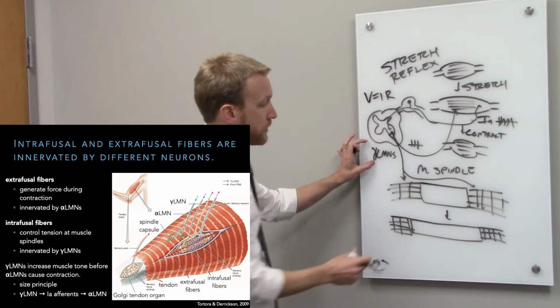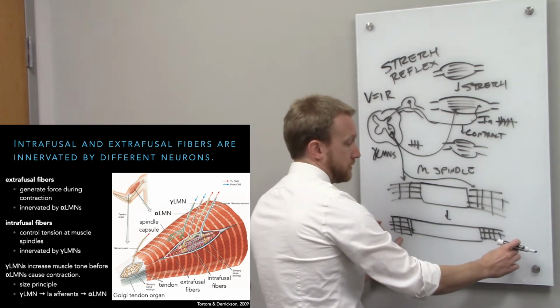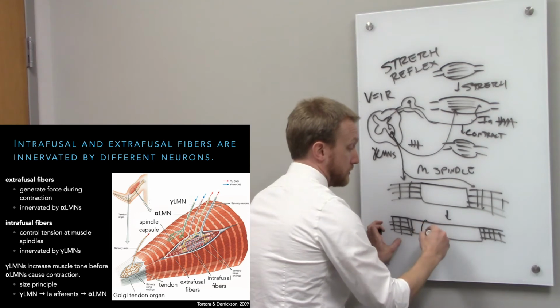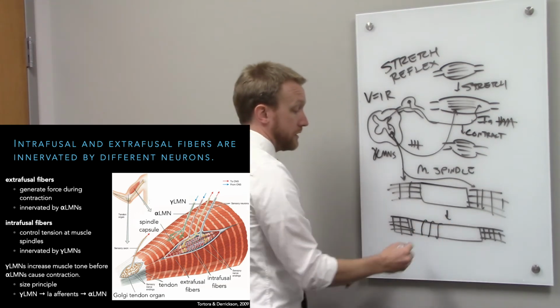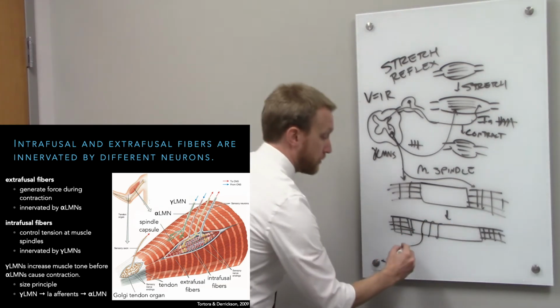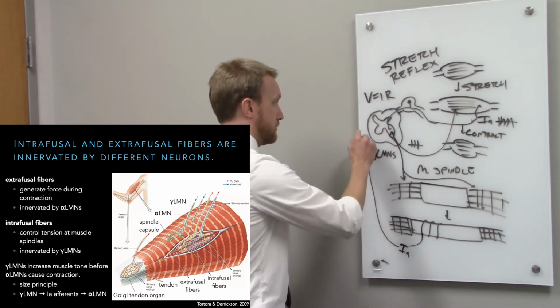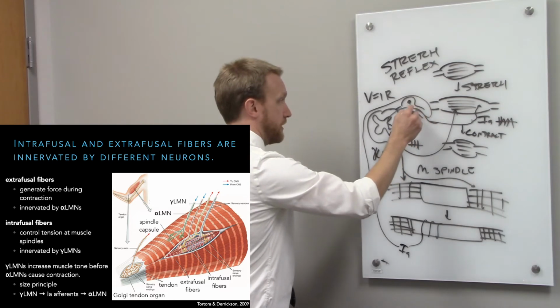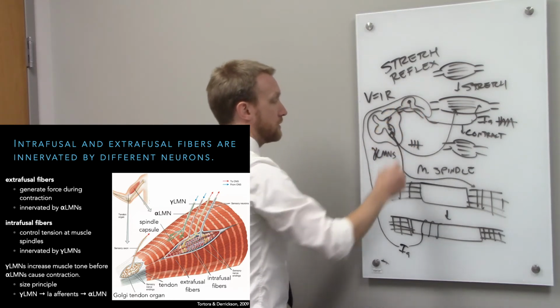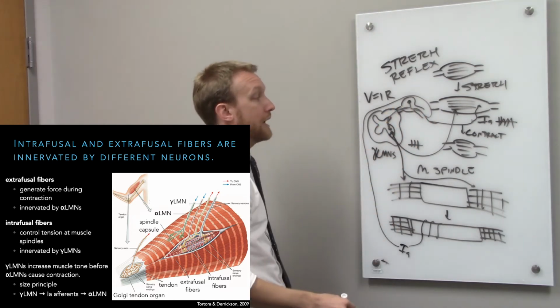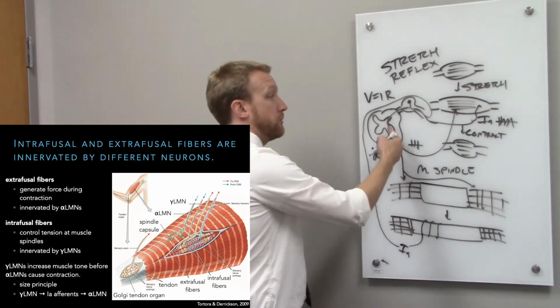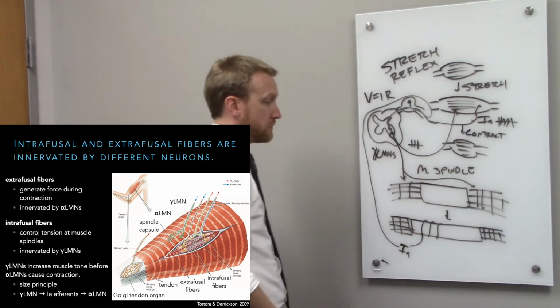Lower motor neurons first stretch the muscle spindle. We still have our spindle afferents around here. So the 1A afferents sense that, and provide a little additional excitatory input to the alpha lower motor neuron to help drive contraction.